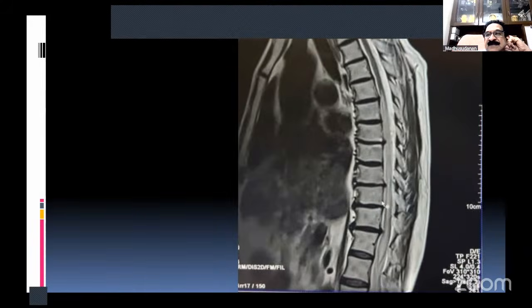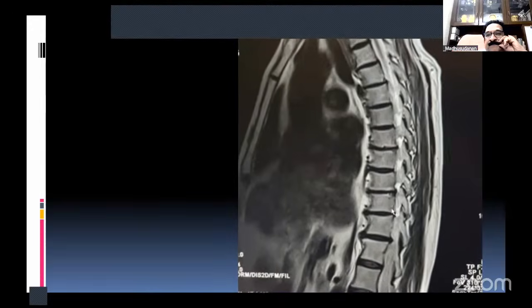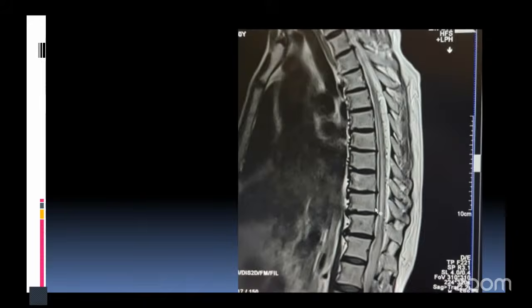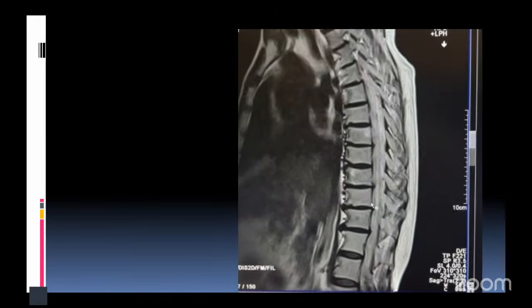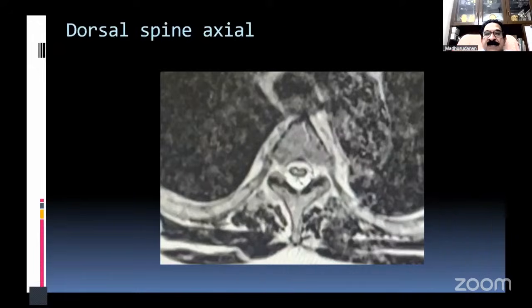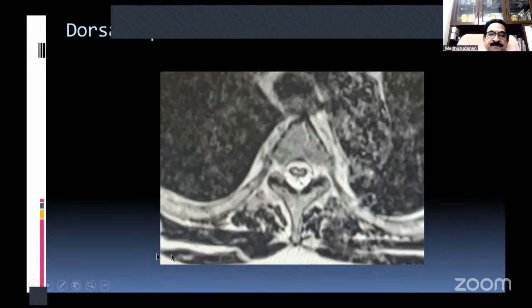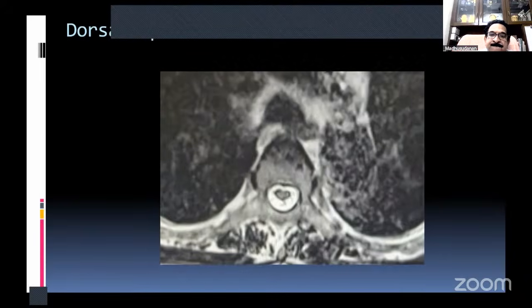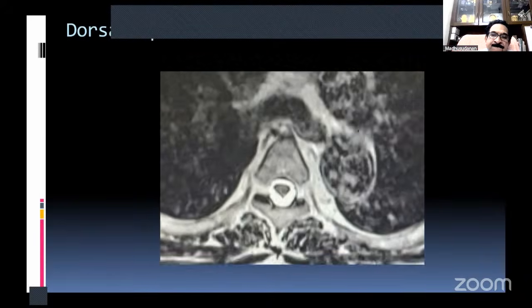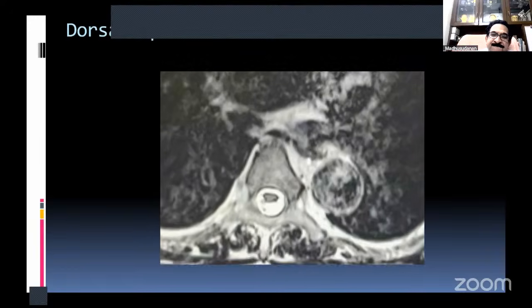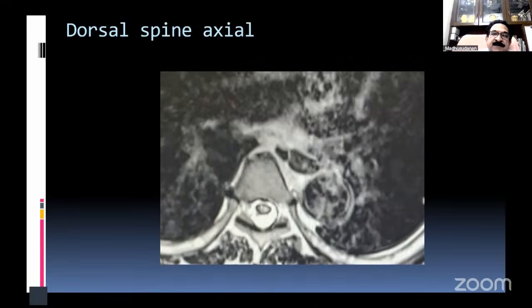So what do you see there? Extensive T2 hyperintensity. Okay, right. Exactly. Now I'll show the dorsal axial spine also. Look at the MRI very carefully.